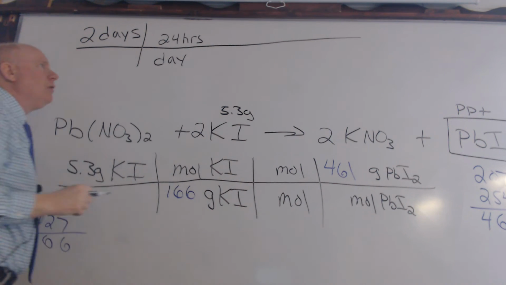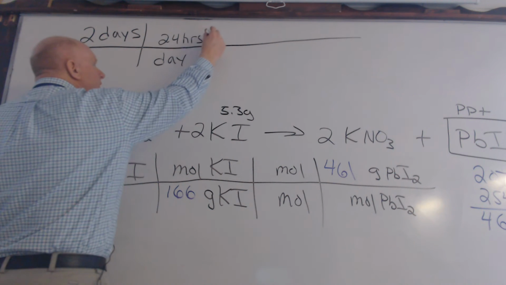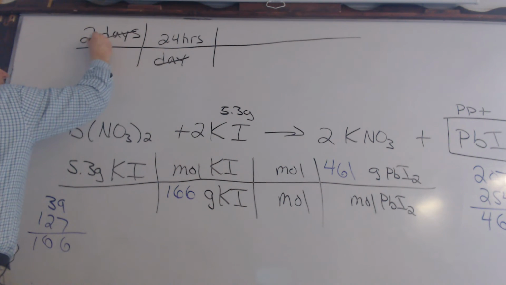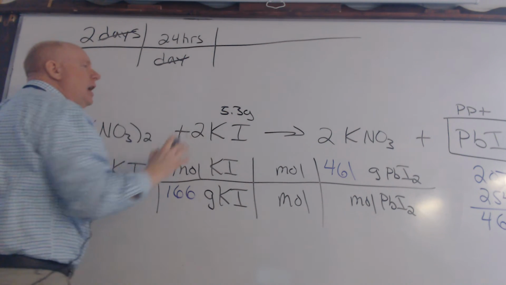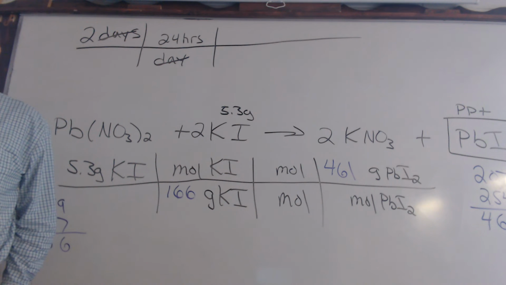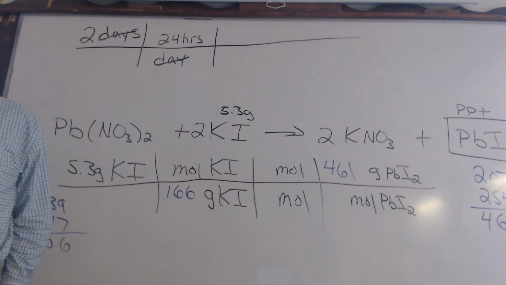Now once we get it in hours, are we getting closer to minutes? Yes, we are, because this term cancels out this one. Now, if we want to convert hours to minutes, do we know how many minutes are in an hour? There's 60 minutes in an hour.